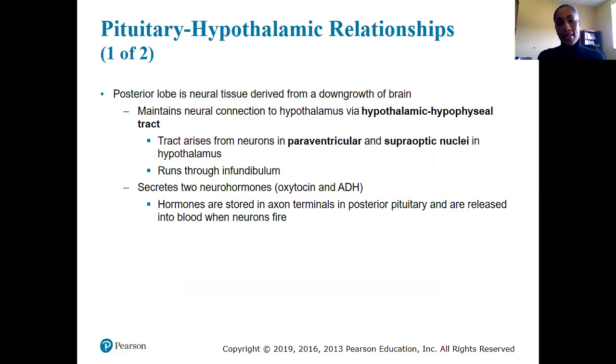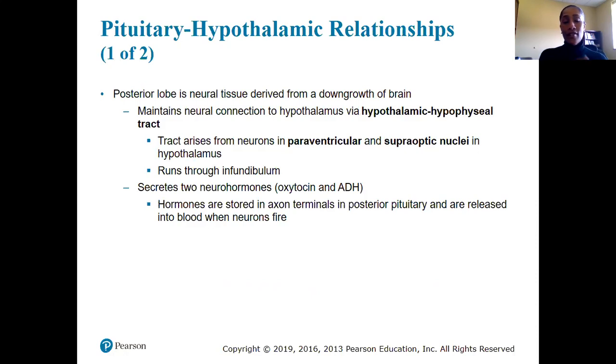So what happens is the hypothalamus is going to have 3 major functions. The first function is that it's going to synthesize and release releasing hormones and inhibiting hormones. The second function is that it's going to synthesize oxytocin and ADH, anti-diuretic hormone.